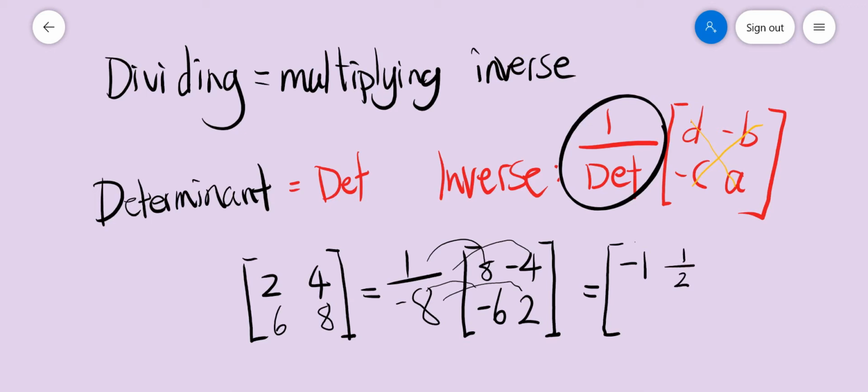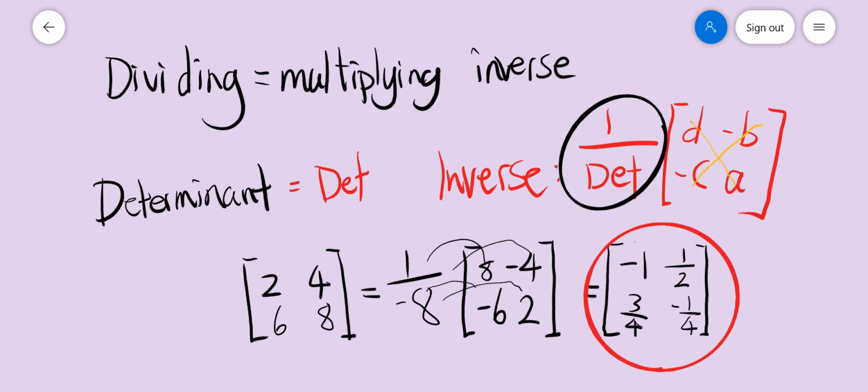Minus 6 divided by minus 8 is 3 over 4. 2 divided by minus 8 is minus 1 over 4. And this is the inverse of this matrix.